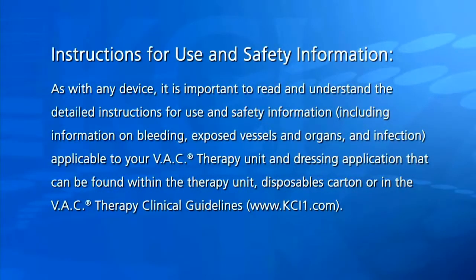Instructions for use and safety information. As with any device, it is important to read and understand the detailed instructions for use and safety information, including information on bleeding, exposed vessels and organs, and infection, applicable to your VAC therapy unit and dressing application that can be found within the therapy unit, disposables carton, or in the VAC Therapy Clinical Guidelines, www.kci1.com.